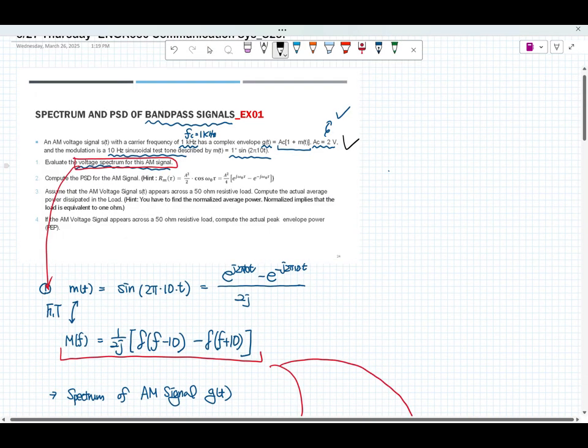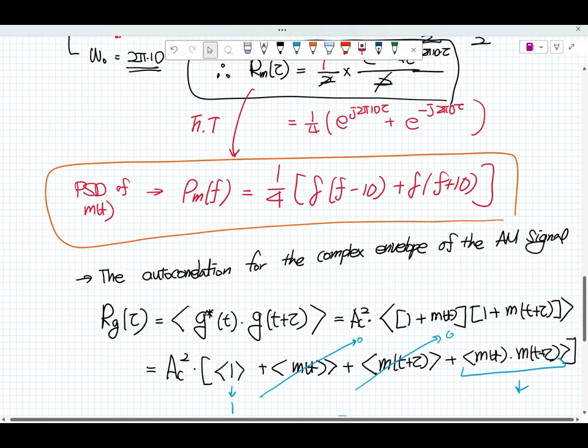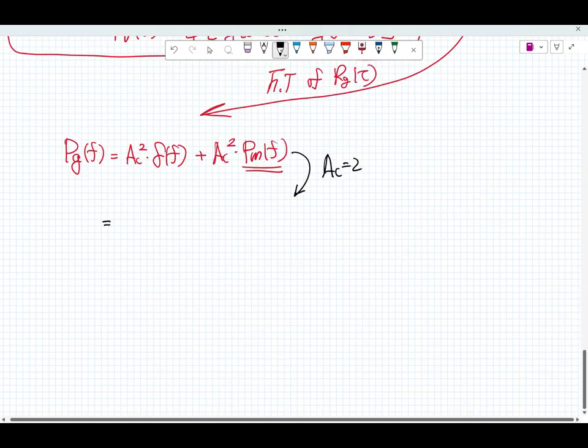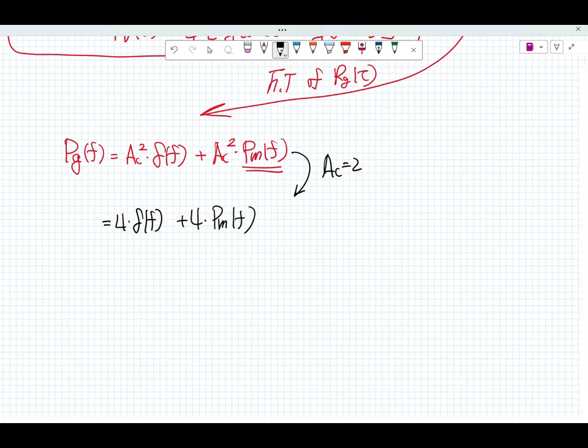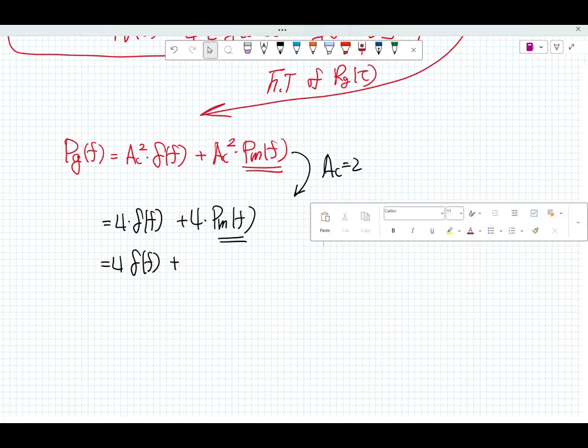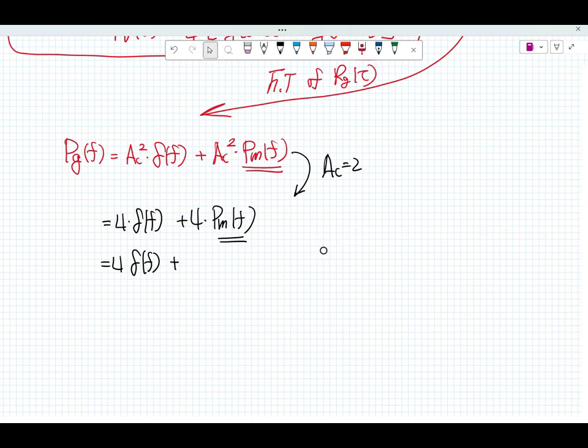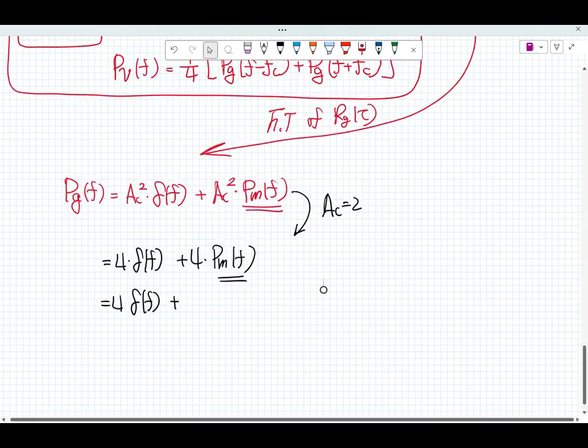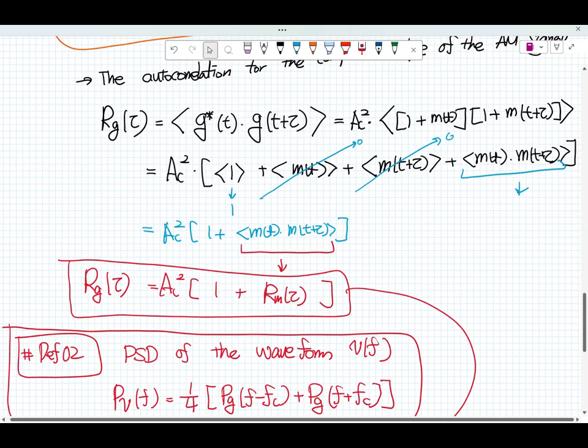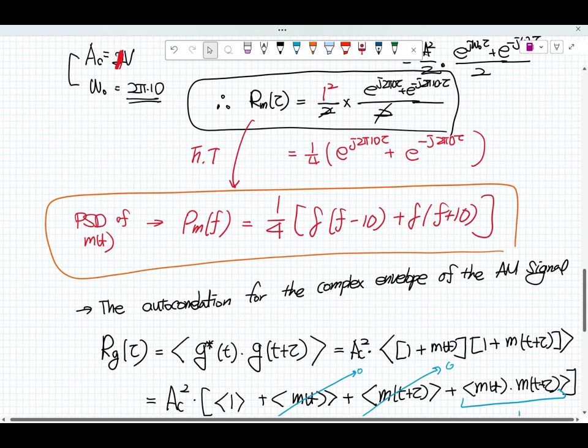Yep, slide 2 here. So for P sub m of f, what is the P sub m of f? We learned before in the previous lecture, where is it? It's right there.